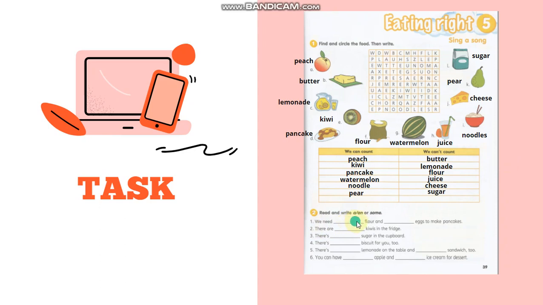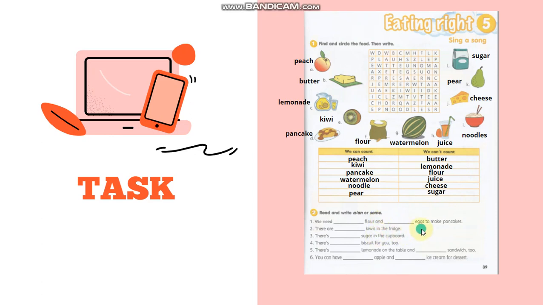Read and write a, an, or some. A or an is for singular, for one. And we use some for uncountable, for the things that we can't count, and also for plural. How do we know that the food is plural? When we have S at the back.